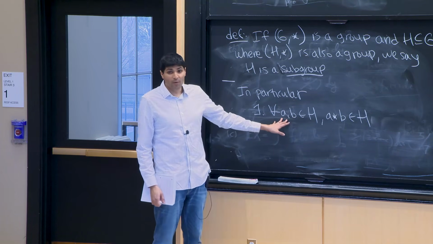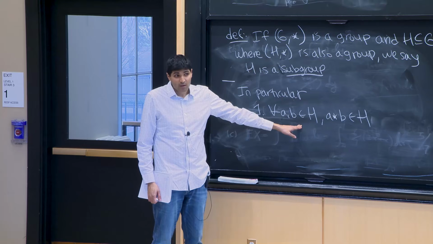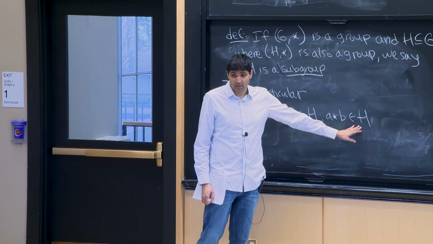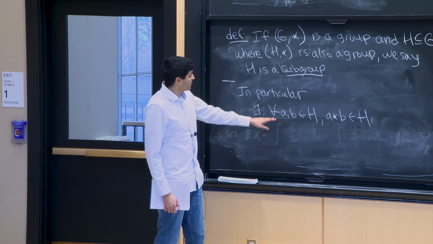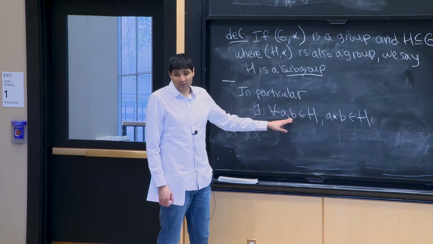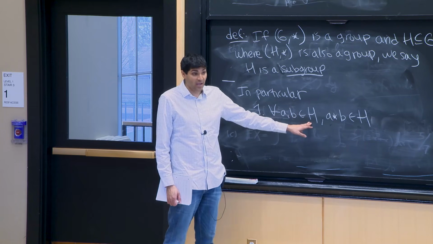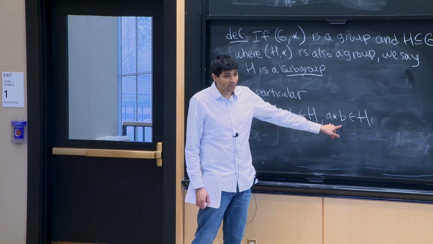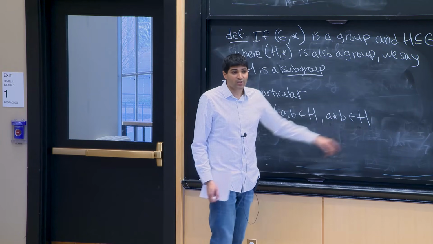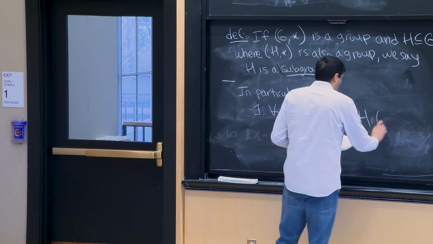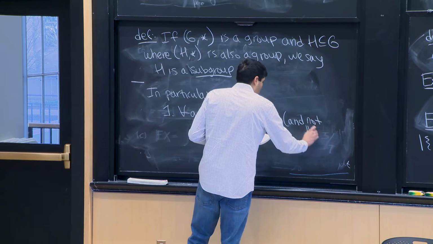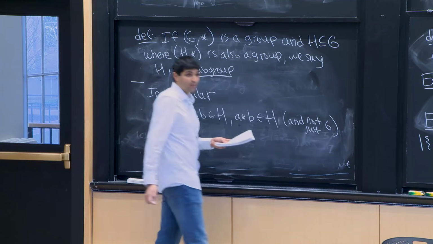A and B are both elements of G, so we're automatically guaranteed that A star B belongs to G. But this is the stronger statement that when A and B are not just in G, but sitting inside H, then the result of multiplying them should be something that's in H too. The critical thing is that this should not just be in G, but in H itself.